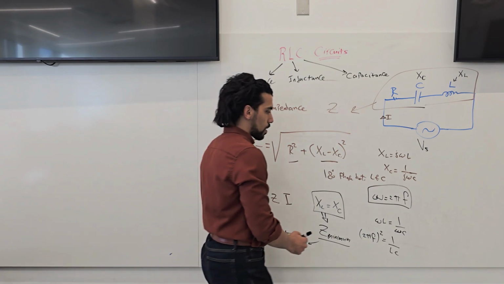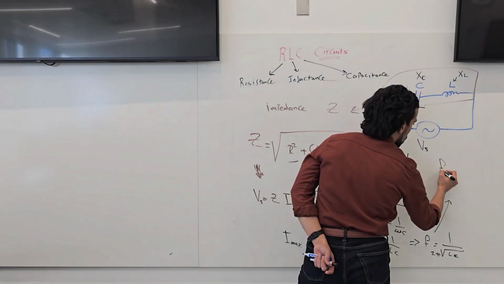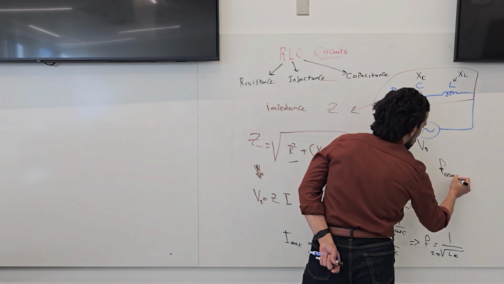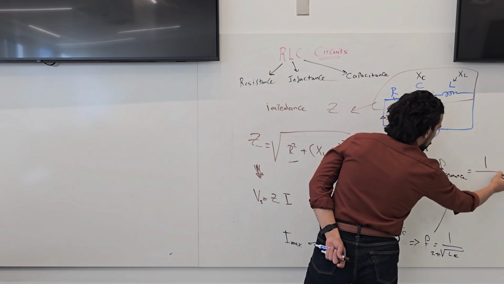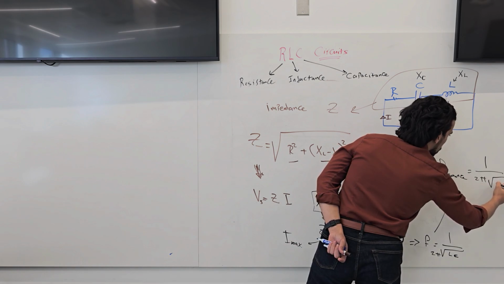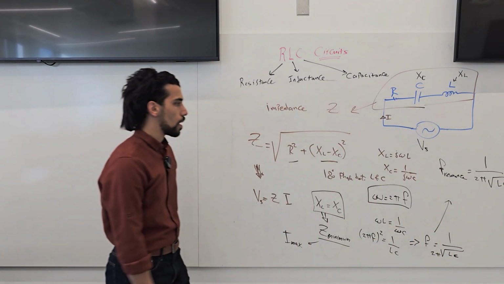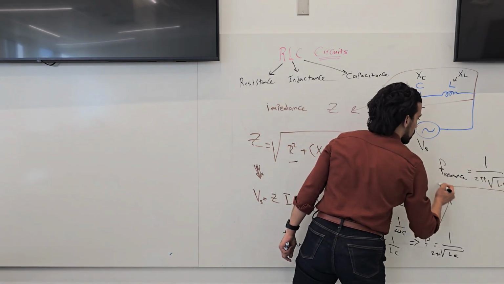Okay, so that means F resonance is equal to 1 over 2 pi times the square root of L, the inductance, multiplied by the capacitance. Okay, so this is how we get the resonance.